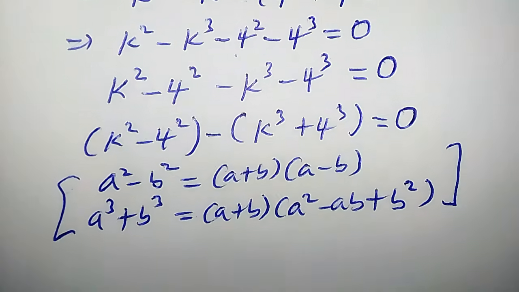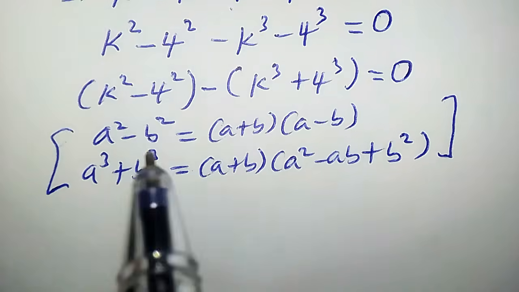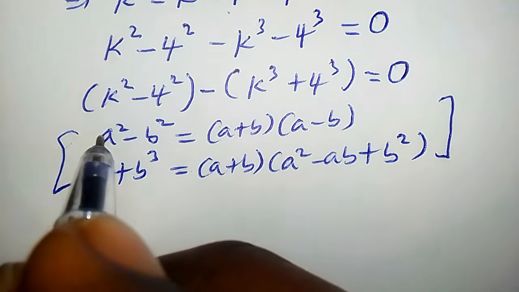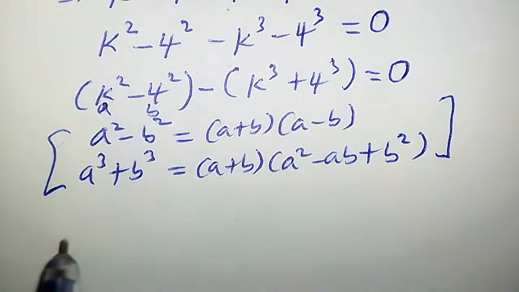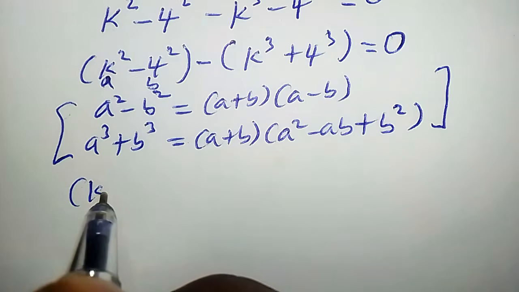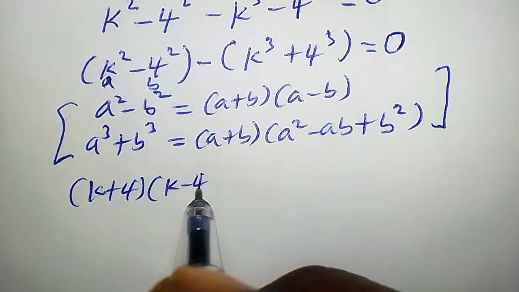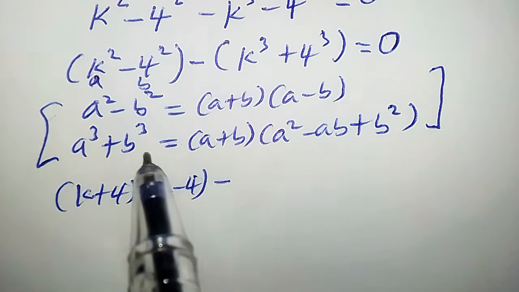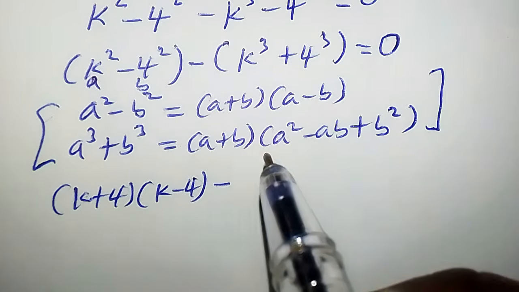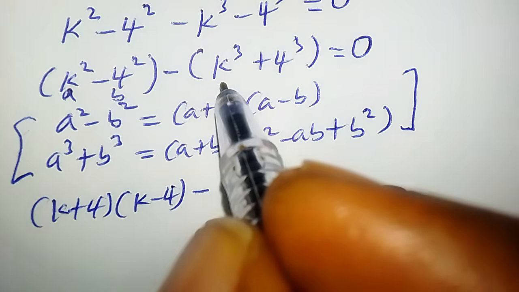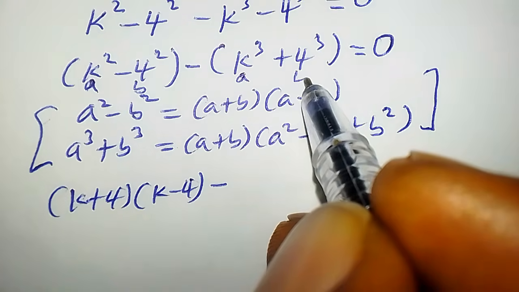Very important. Applying this first identity to this guy, you will notice that our a is just k, b is 4. So we have k plus 4 times k minus 4, minus, applying this second identity to this guy, you will notice that our a is just k and b is 4.